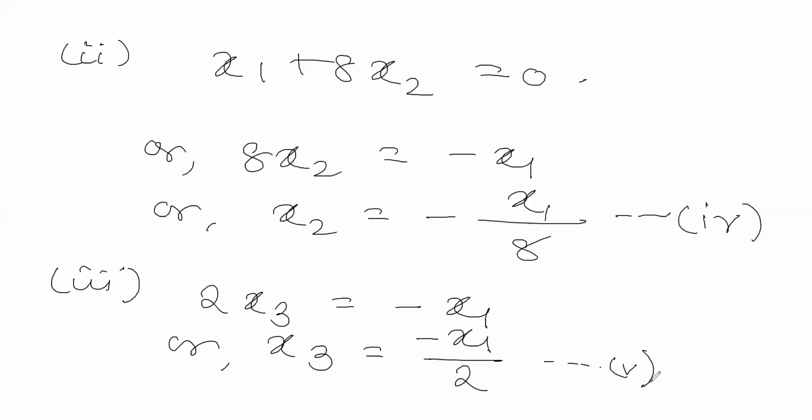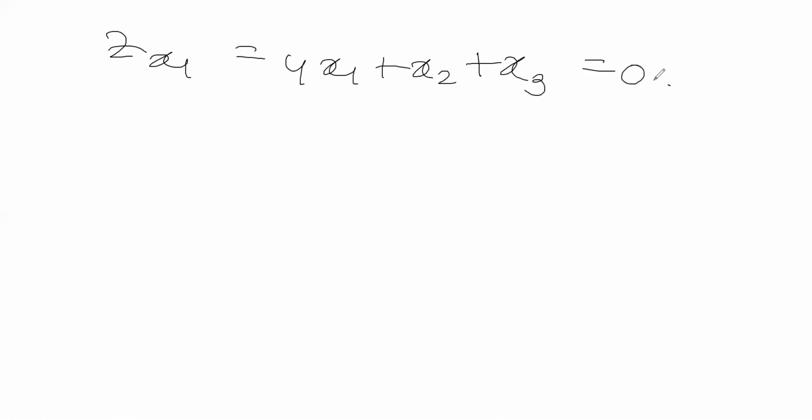So what I have done basically, if you can see, I have tried to form an equation for x2 and then in terms of x3. Definitely, I would like to plug in this x2 and x3 in one of the equations so that I can at least solve for x1. So now if I plug in all these values in equation number 1, what do I get? zx1 was equal to 4x1 plus x2 plus x3, which was equal to 0.